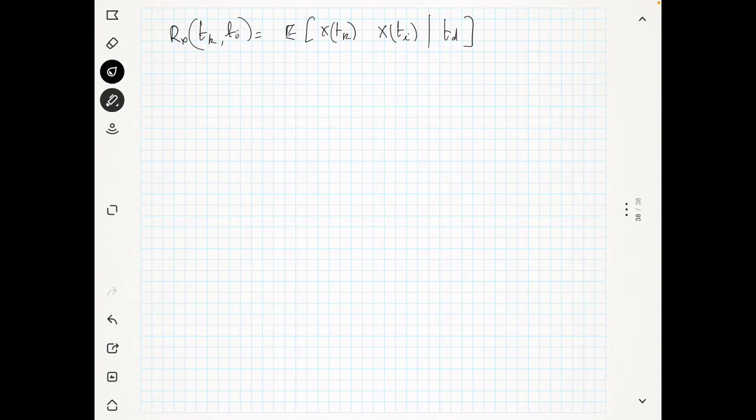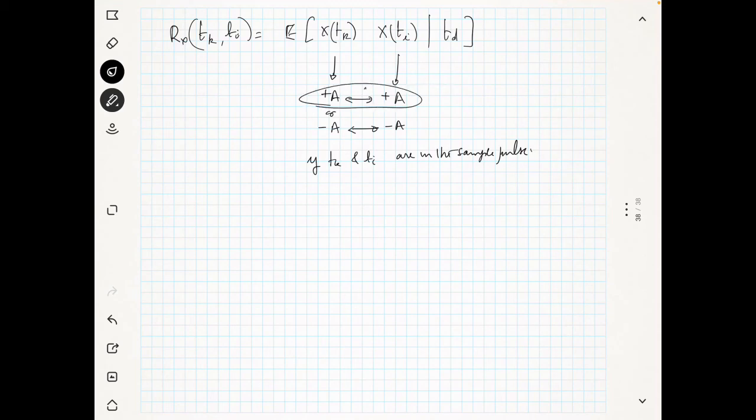So how will we calculate this? You know that this x of tk can take plus A or minus A, and if tk and ti are in the same pulse, then you will get plus A again for ti, and if this is minus A, again you will be getting minus A. So if you take the product of these two, you will be getting A square.